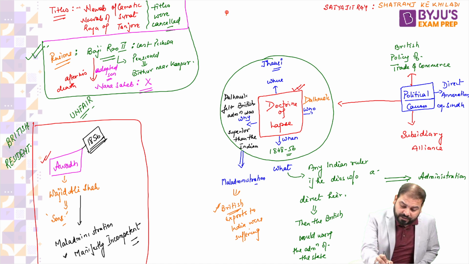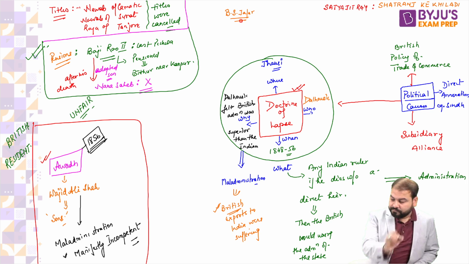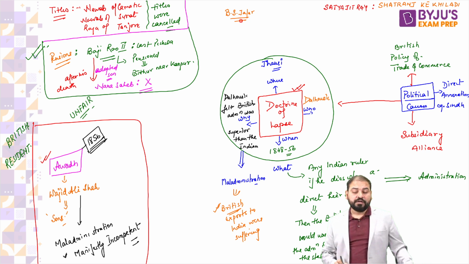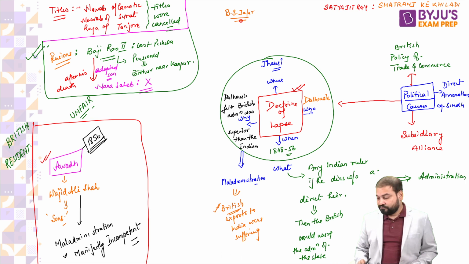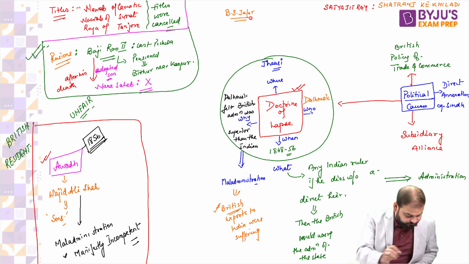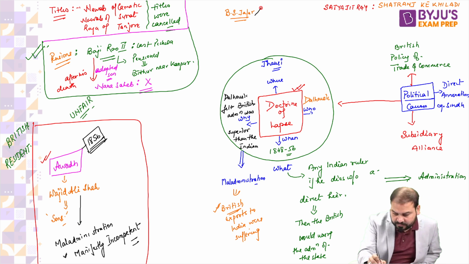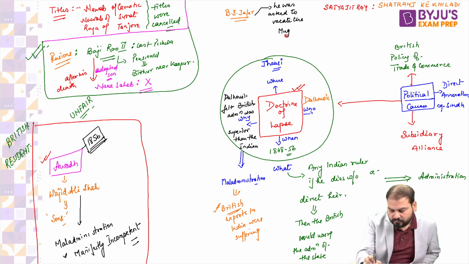Tell me, guys, who is the last Mughal ruler? Bahadur Shah Zafar. He was told two things. Number one, guys, he was asked to vacate the Mughal palace.